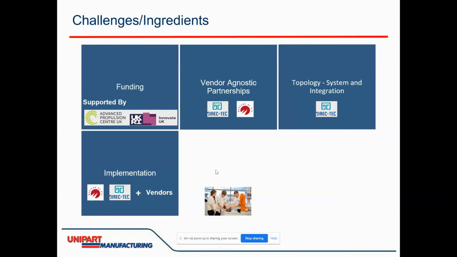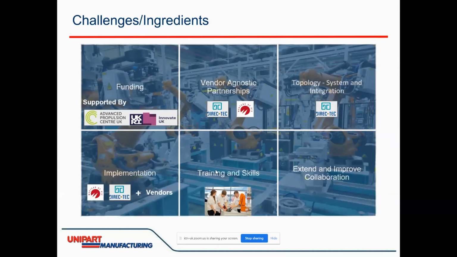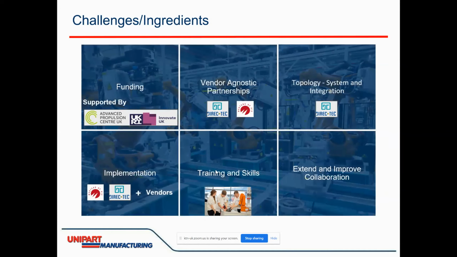Some of the ingredients and challenges in our journey: you have to have the funding to enable this sort of transformation and to enable these technologies in your business. And for us, we have been fortunate enough to be supported by Advanced Propulsion Centre, Innovate UK, through grant funding, to work with partners to enable that.